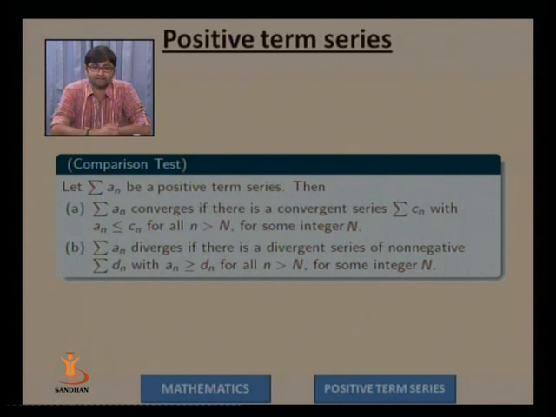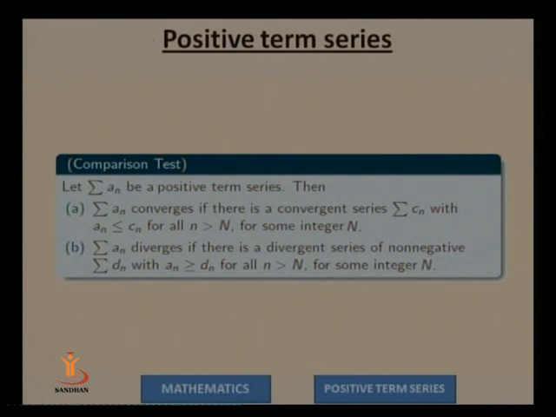Now another result says that if there exists another divergent series Dn with the terms an greater than or equal to Dn for all n greater than capital N, then the series summation an is a divergent series. So these two results are for the comparison test.